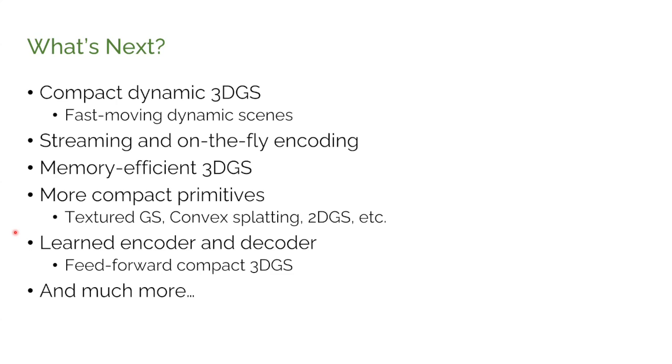From the large-scale dataset, we learn a data prior, and based on this prior, we can do really great context modeling, which improves the compression ratio. I've seen a couple of papers coming out recently, such as the recent feed-forward compact 3DGS papers, that try this idea to make it faster and also more compact.